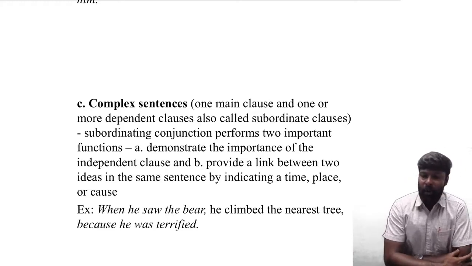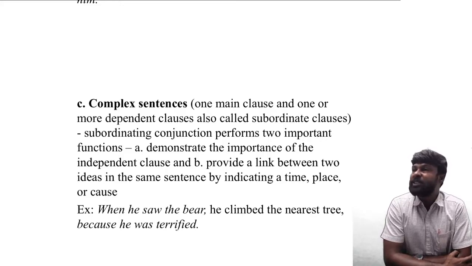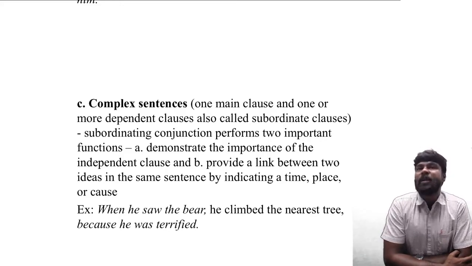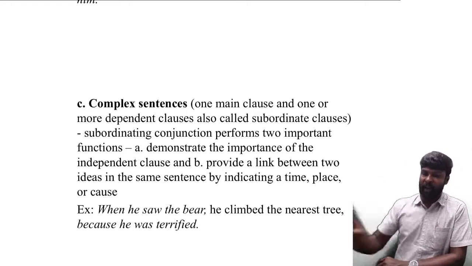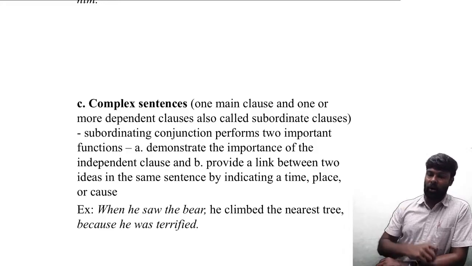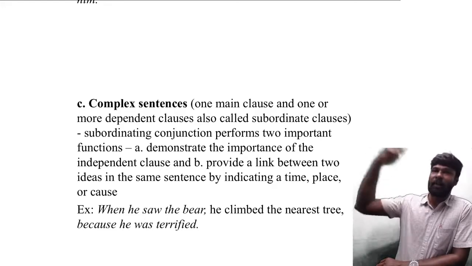Okay. So when he saw the bear, he climbed the nearest tree because he was terrified. So now the first one, demonstrate the importance of the independent clause. Now what's the independent clause here? When he saw the bear, what happened? Automatically he climbed the nearest tree.